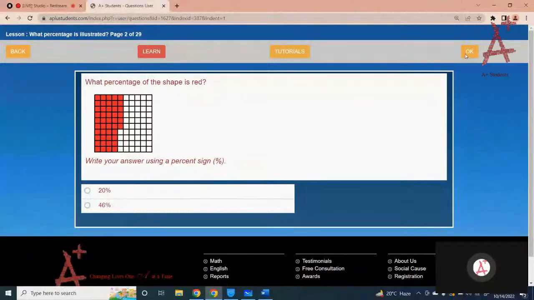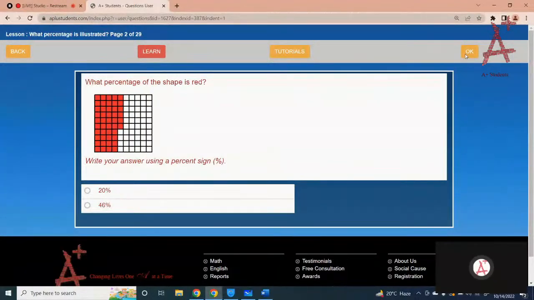Okay, now the next one is what percentage of the shape is red? So just count the rows that are red. One, two, three, four. So four of the rows are colored. Now count the row in which some of the squares are colored.